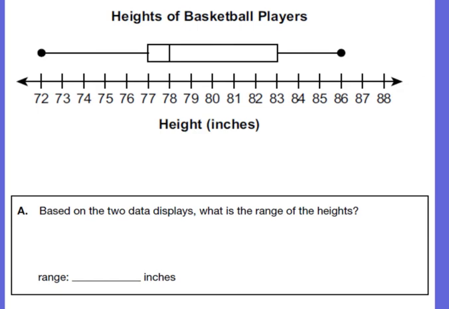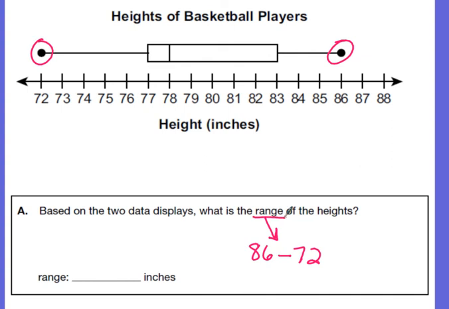Now part A asks, based on the two data displays, what is the range of the heights? Well, the range, you should know, is the difference between the highest value and the lowest value. It's like our heights range from what to what? Well, all you'd have to do there is go 86 minus 72, with 86 being the highest, 72 being the lowest.